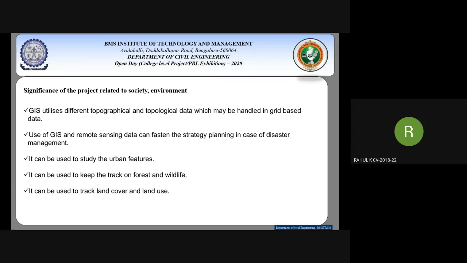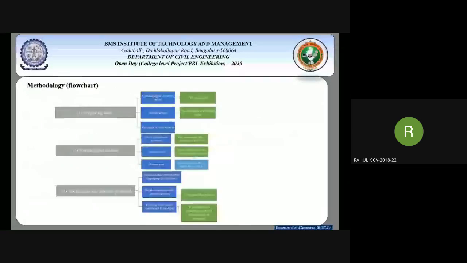The methodology of this project is preparing the data using satellite imagery and GIS information. We're going to collect the topographical data of the urban area or a forest area. After collecting the topographical data, in the second step we are going to analyze it and create a model of this topographical region, where we will create a 3D rendering and 3D maps of that region, and also analyze the hydrology, the flow of water in that region, and simulate heavy rainfall.